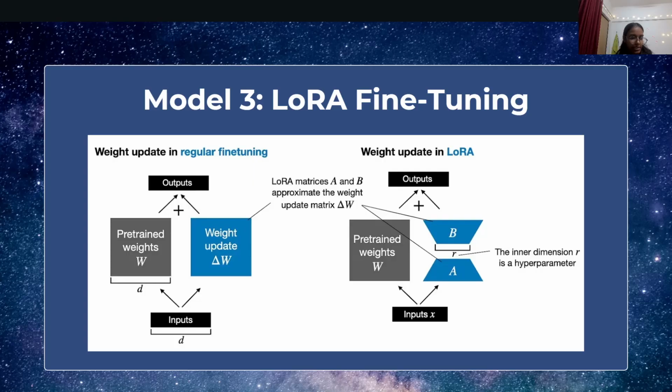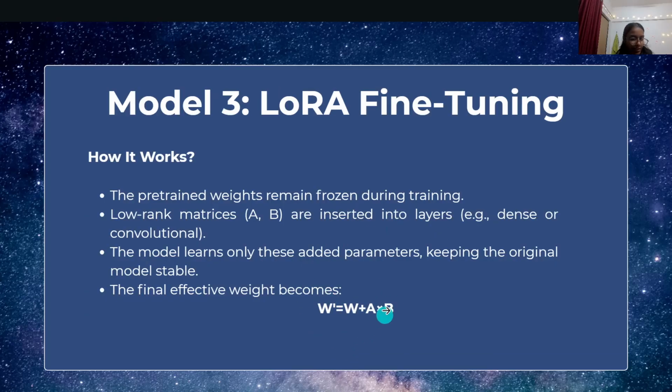When we combine these adapters with the frozen weights, the new effective weight becomes W plus A times B. Here W is the original pre-trained weight and A times B represents the learned adjustment, a small but powerful fine-tuning component. This way, the model adapts to new data or a new task without modifying its core parameters.